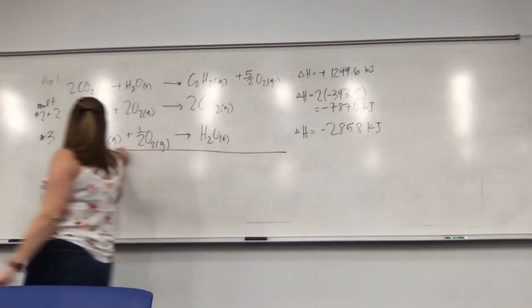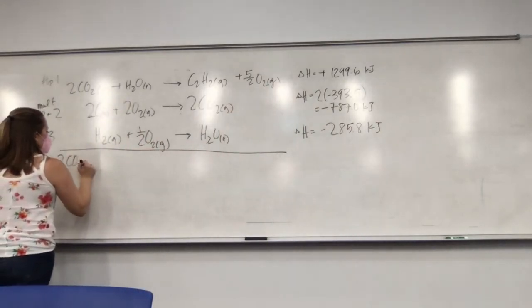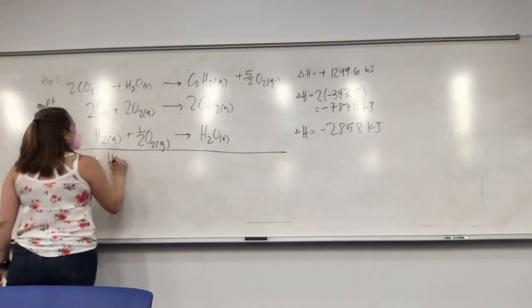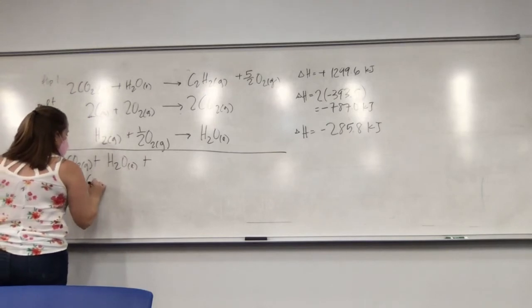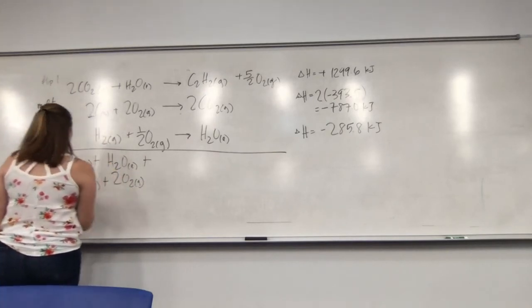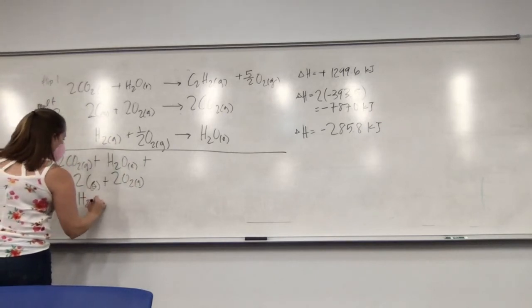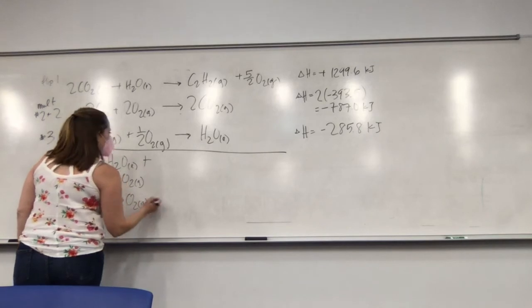Now we're going to total it all up to make sure we got the right answer. So we have 2 CO2 gas plus H2O liquid plus 2 carbon solid plus 2 O2 gas plus H2 gas plus half O2 gas.